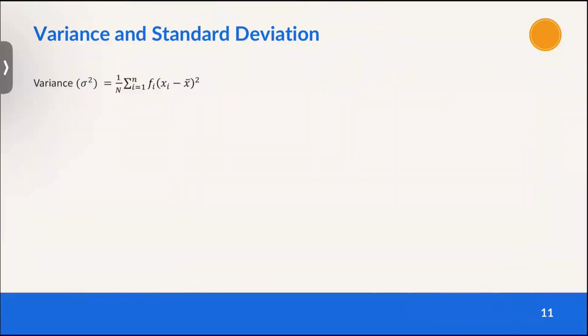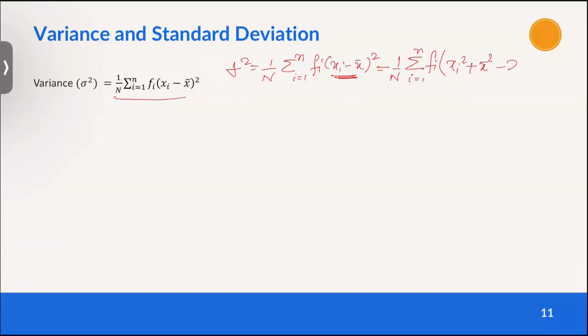Now we will see another formula for variance. So now you know that variance is given by this expression. Sigma squared is equal to 1 by n summation of i equals 1 to n fi times (xi minus x bar) whole squared. Now if you square these terms, we will get 1 by n summation of fi times (xi squared plus x bar squared minus 2 times xi x bar).